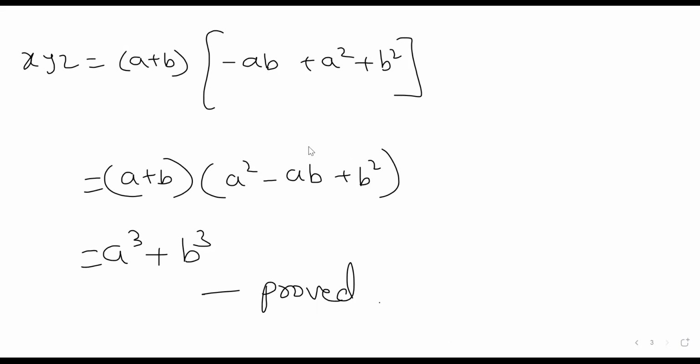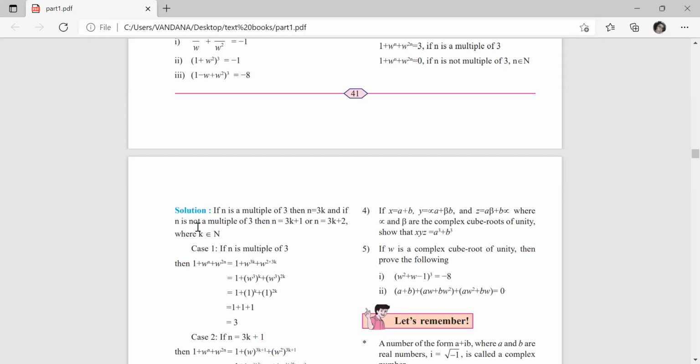Now question number 5. If w is a complex cube root of unity, then we have to prove that (w square plus w minus 1) whole cube is equal to -8.